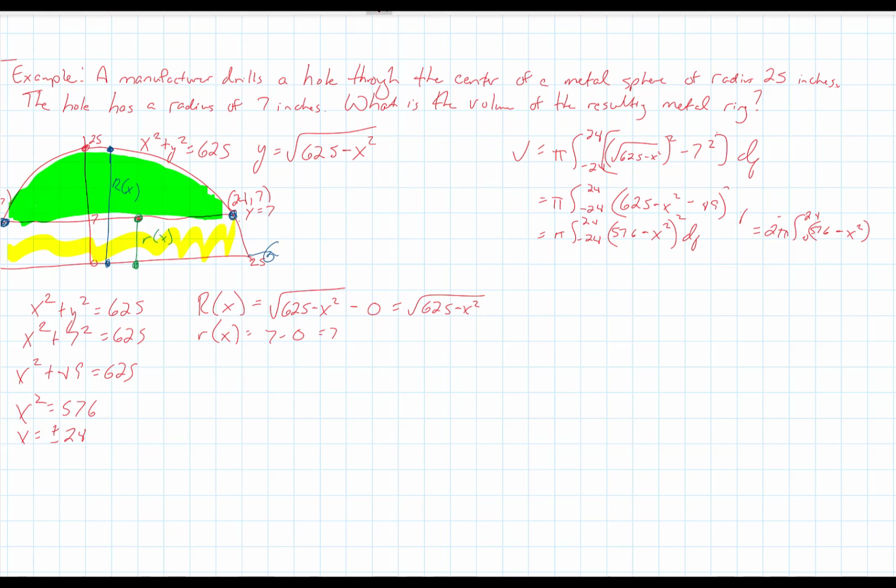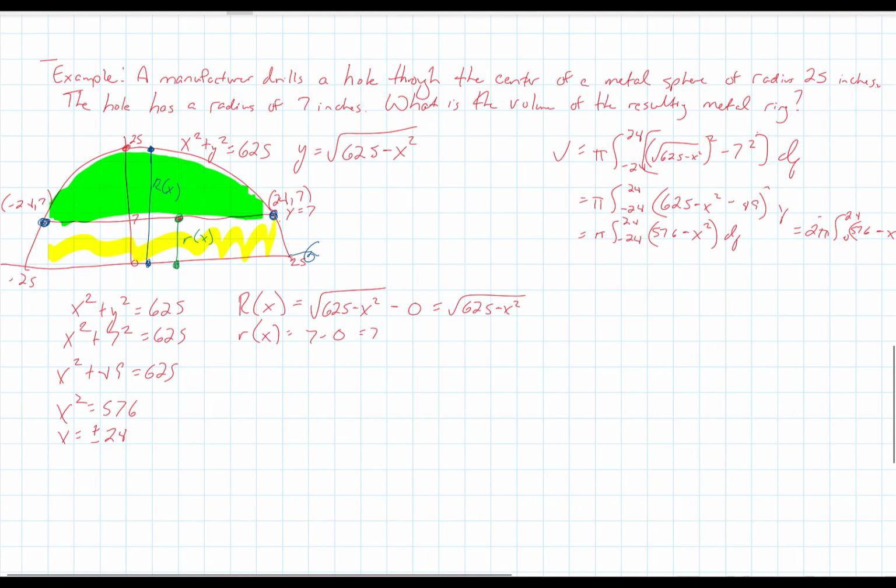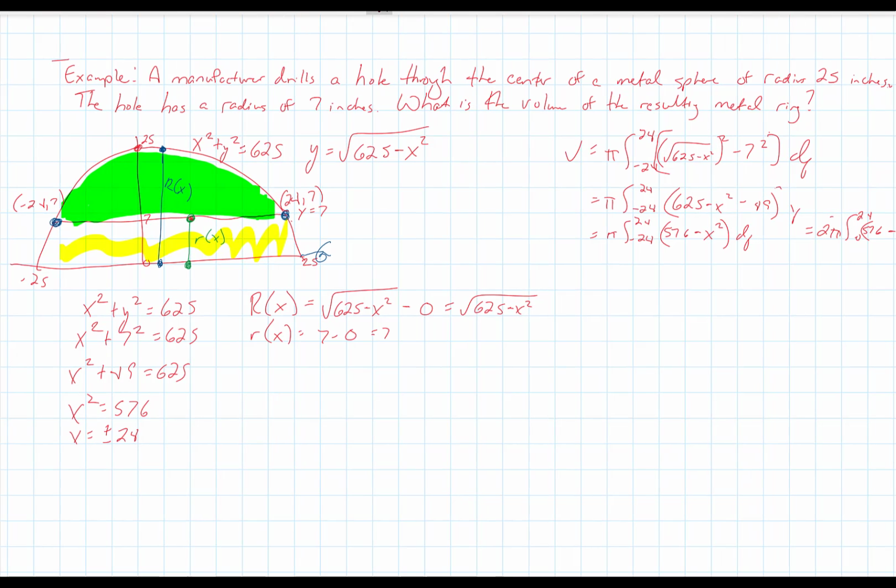Sorry, not squared, just 576. So you could just leave this as 2 pi times the integral from 0 to 24 of 576 minus x squared, or you can leave it as negative 24 to 24. And so then I'm just going to leave it.